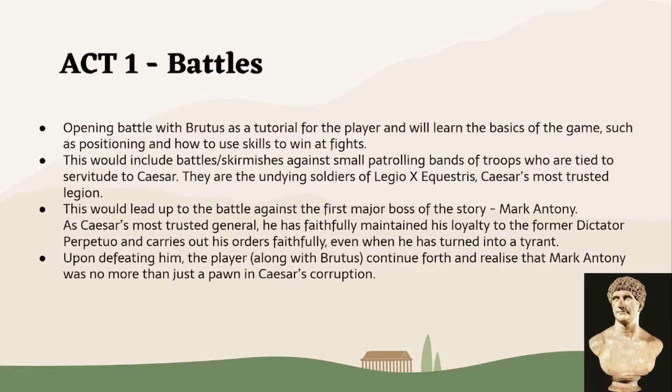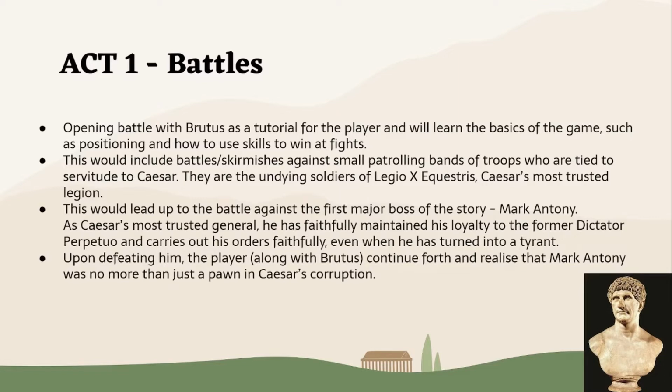The opening battle with Brutus is a tutorial for the player to learn the basics of the game, such as positioning and how to use skills to win at fights. This will include battles and skirmishes against small patrolling bands of troops who are tied to servitude to Caesar. They are the undying soldiers of Legio X Equestris, Caesar's most trusted legion.